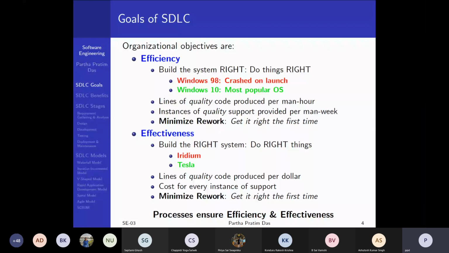But if we drill it down a little bit, then we'll say that there are two primary objectives that organizations would try to strive for. One is efficiency. Efficiency is about building the system right. When you're building a system, it could be a product also, then you should build it right.